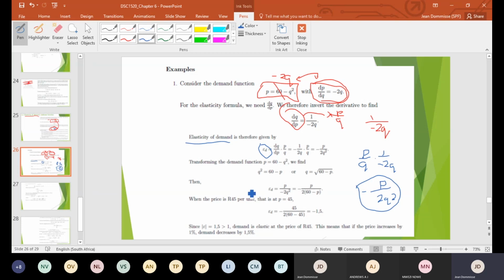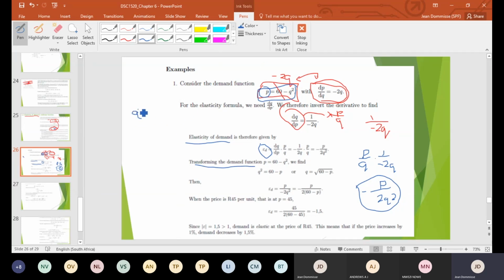Then if we now need to go back and transform it again. So if you look at that, we've worked out the P, now we need to look at the Q. So we need to rewrite that first. So let's take the Q to that side.